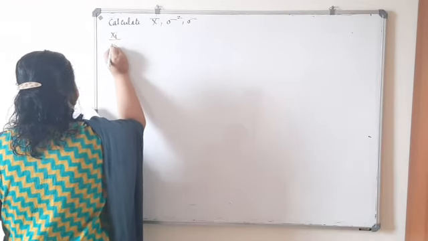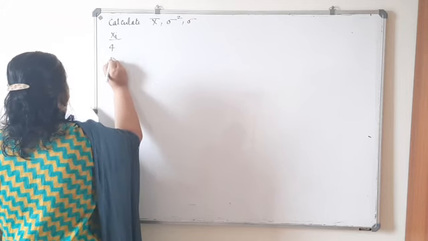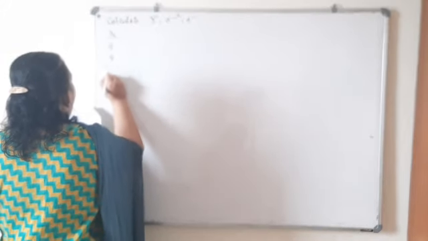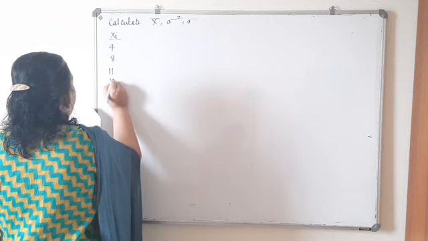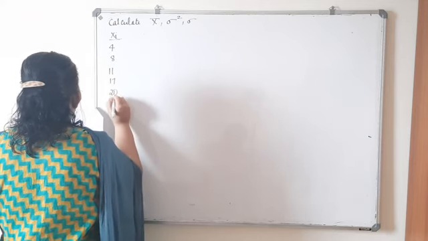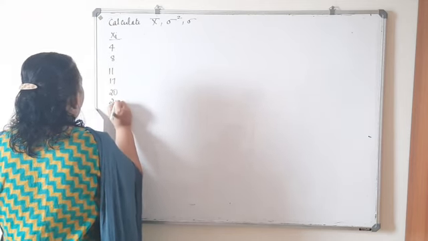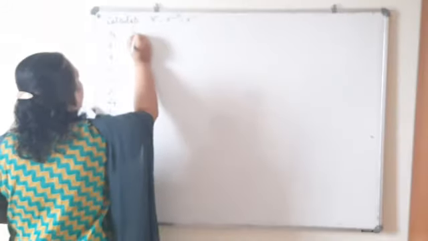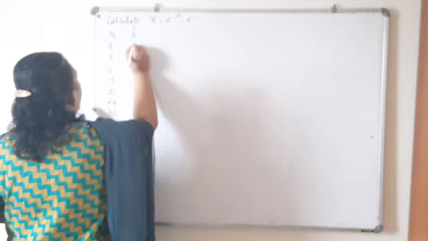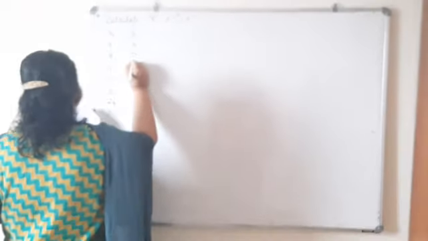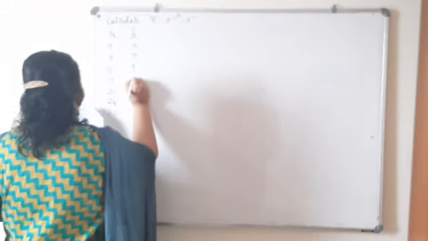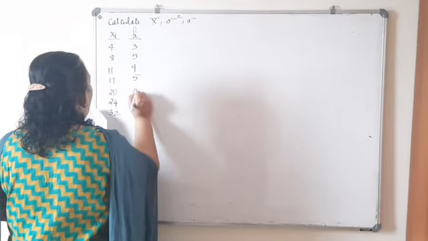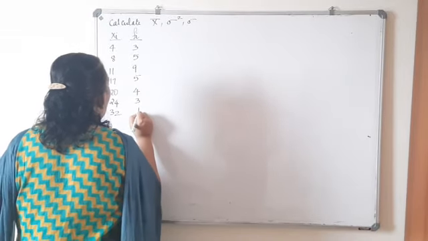Xi values are given: 4, 8, 11, 17, 20, 24, 32. The frequencies are given: 3, 5, 9, 5, 4, 3, 1.